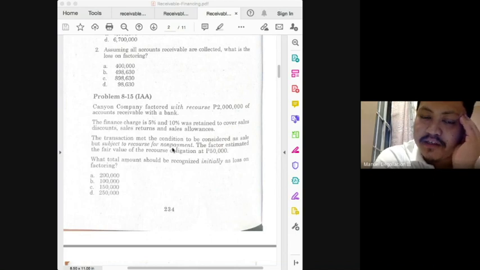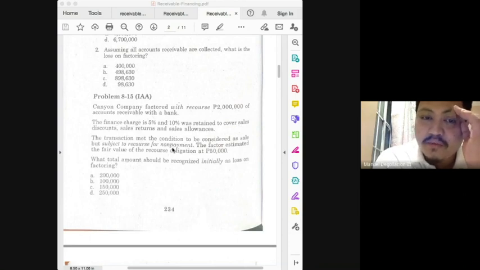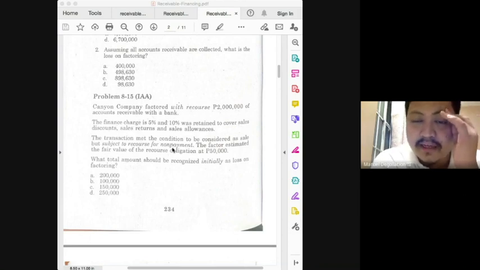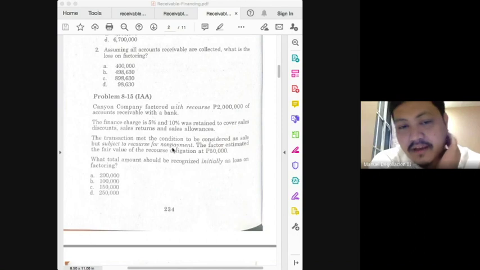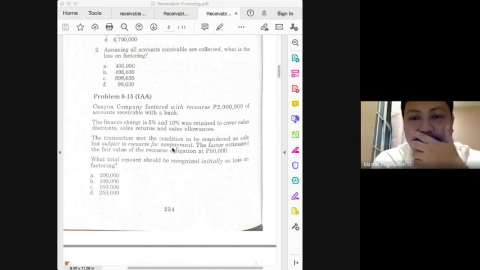But as far as the accounting for the transaction, the date of the transaction itself, we will have to recognize a recourse liability, and the recourse liability will be a component to our loss on factoring.